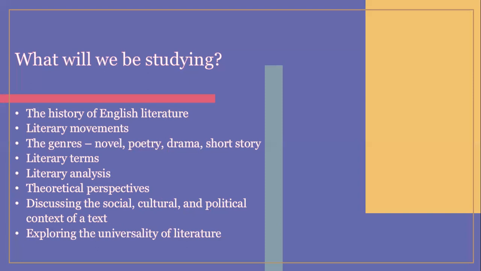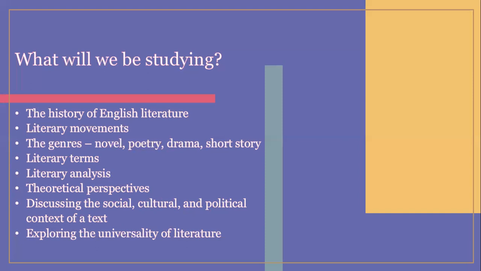The reason behind that is the next thing right here, which you will be studying in this course, which is literary analysis. When you perform a literary analysis, when you engage with the text critically, you have to use all of these terms. You have to use a very specific vocabulary when performing literary analysis.